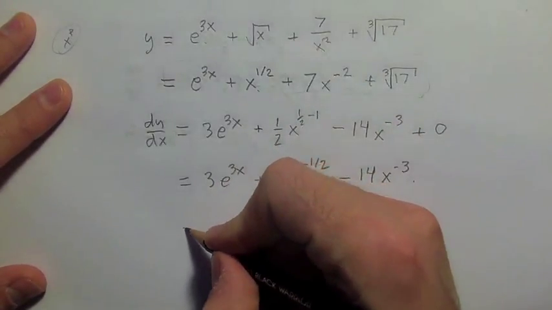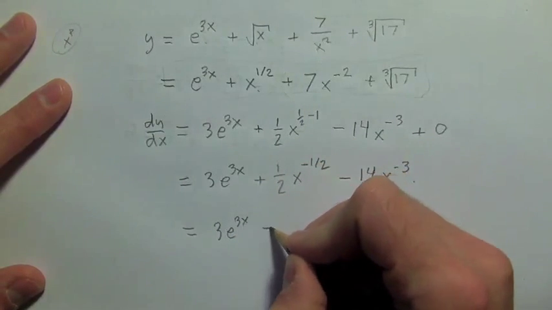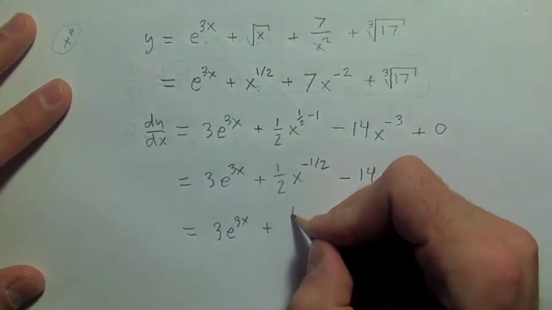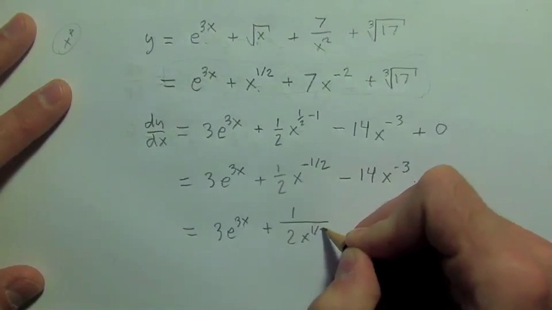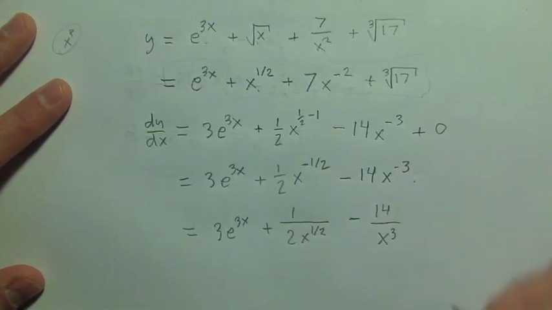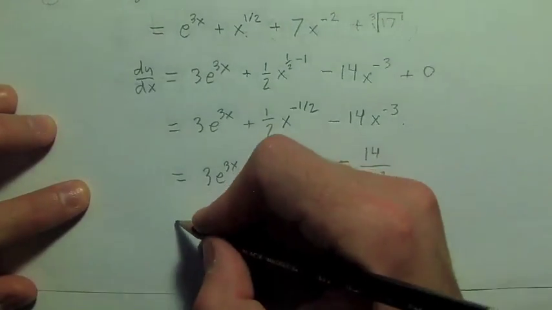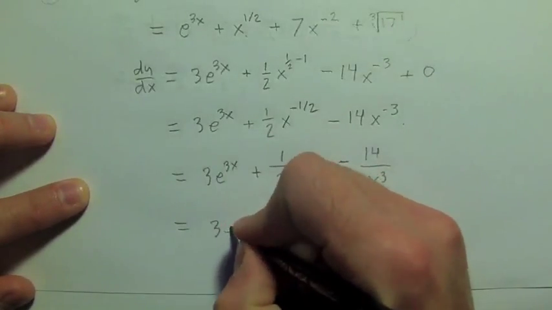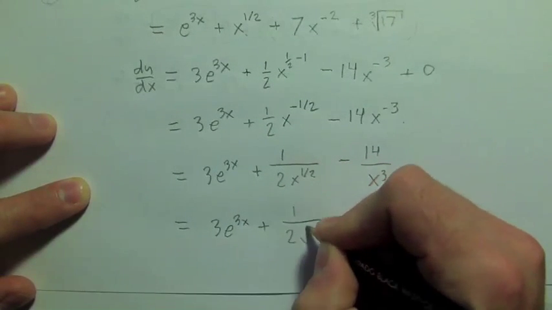But if you do want to check your answers in the book, you're working on the online stuff, you're going to move those negative exponents into the denominator. Okay. And then the last thing you can do is change that 1/2 power to be a square root.